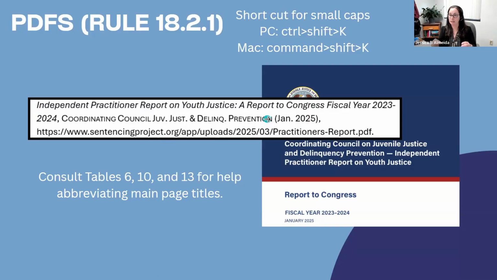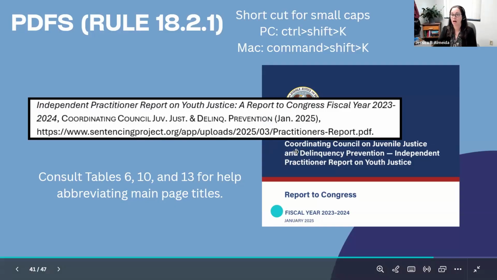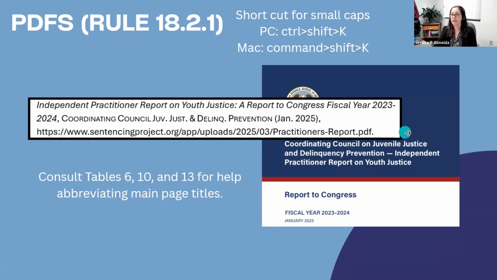Then I put in the date in parentheses. So this was January 2025, comma, and then I put the URL. Now notice my URL ends in PDF. And then of course we always end with a period. Remember, the shortcut for small caps is right above there for you for either a PC or a Mac.